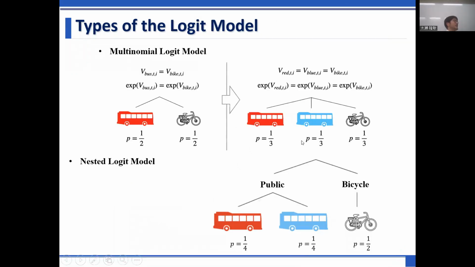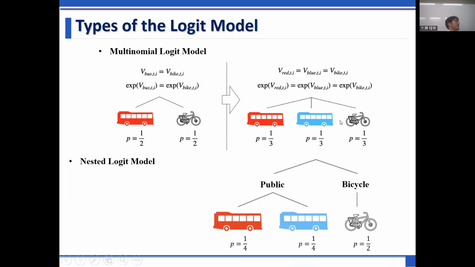So as a result, the modal share of the red bus will be 1/3, and the blue bus is 1/3. In total, 2/3 choose the public transport.